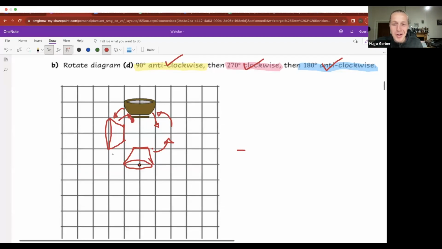They made us do all of this work just to get back to where it was. But I'm sure in an exam, they will give us like 2 marks or 1 mark for moving there, 1 mark for moving past that point. Yeah, I think this is 3 marks, okay? 3 steps, 3 marks. It has to be, guys. But anyway, so the answer is just right back to where it was. Well done.